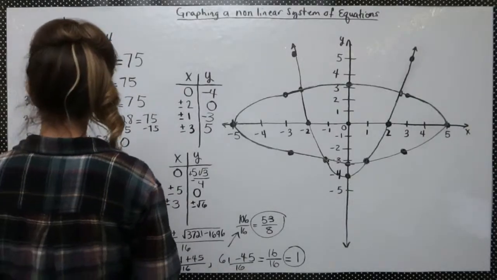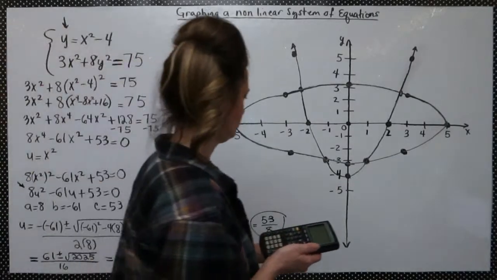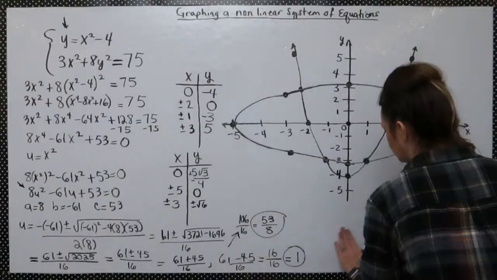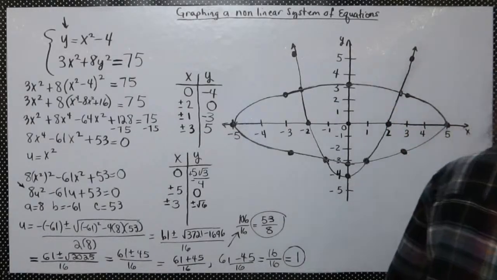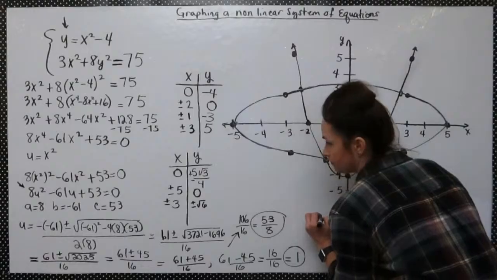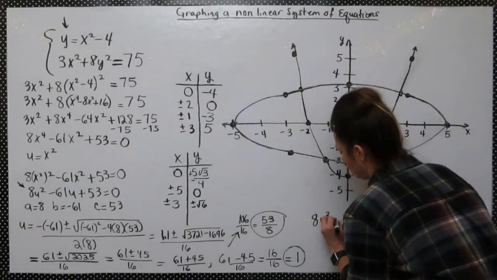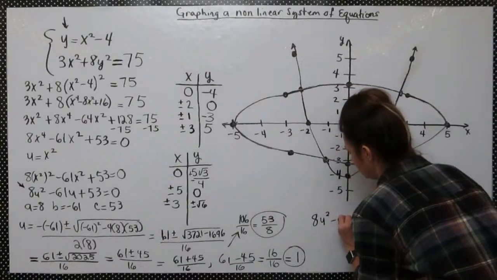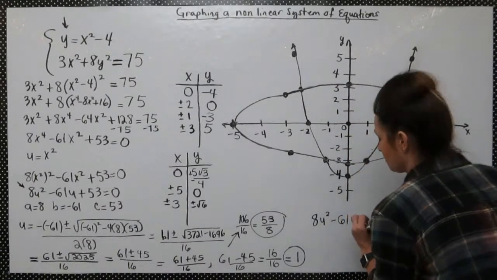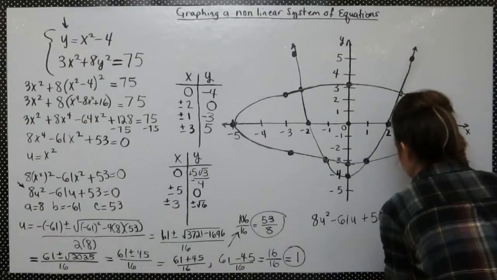So back up here, right here. And I got some room down here I can work. So we had 8u squared minus 61u plus 53 equals 0.